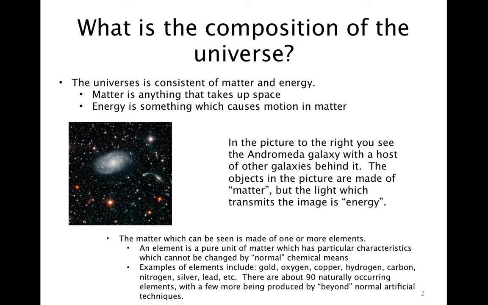The matter which can be seen is made up of one or more of what we call elements. There used to be four elements: fire, earth, wind, and water. Those are all the things that we could see or touch or experience without the equipment we eventually invented.